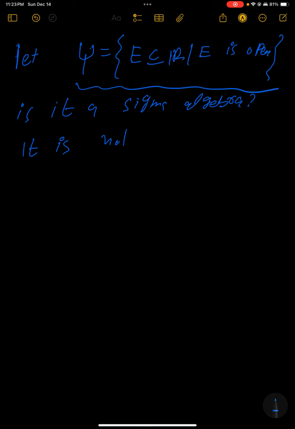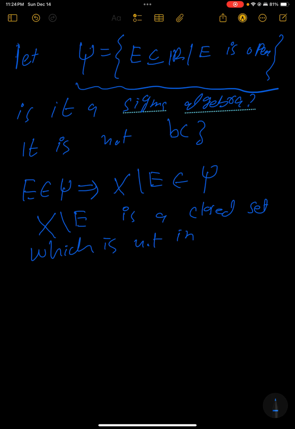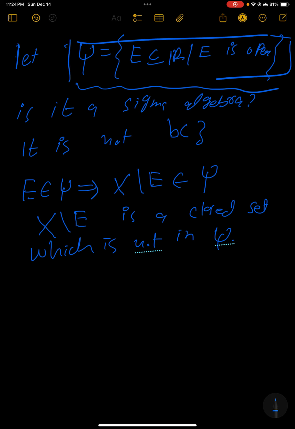The reason is, if I take an element E belonging to psi, then by the second property of a sigma algebra, the complement of E should also belong to psi, but the complement of E is a closed set, which is not in psi, because psi has only open sets. So this set is not a sigma algebra, but we can construct a sigma algebra on this set.